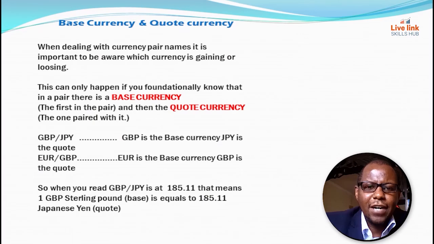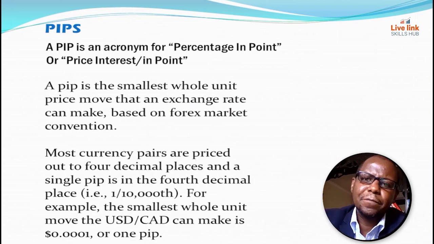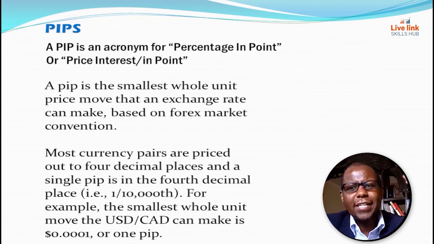So that introduces us to the next thing in our lesson here. I know that you're going to understand this, and when you do, you will have understood the pairs and the measurements. A pip, PIP, is an acronym for percentage in point or price interest in point.